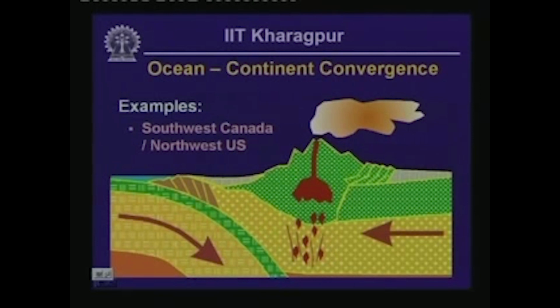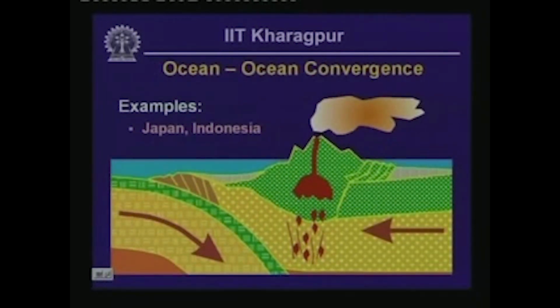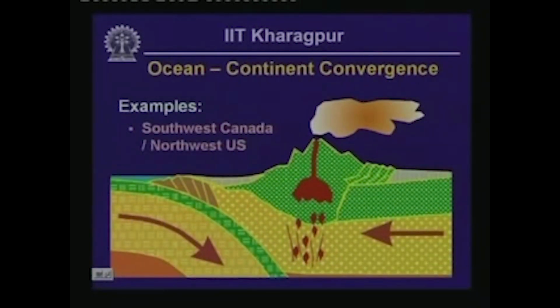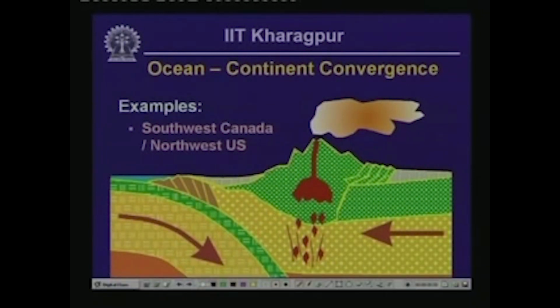What's happening here is that the oceanic crust, which is shown here on the left, is trying to subduct underneath the continental crust, which is to your right, and the movement is shown by thick brown arrows there. Because of the rubbing action, there will be a zone of accretional features, a zone of accretion.